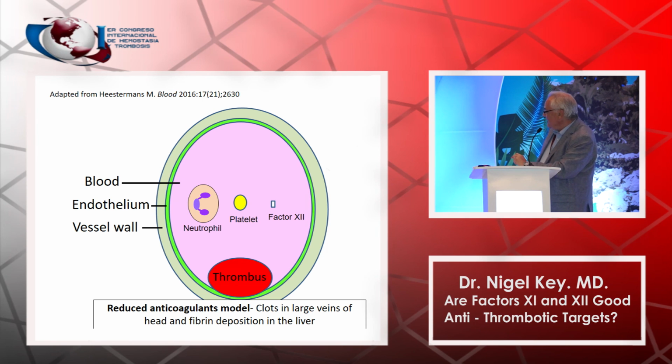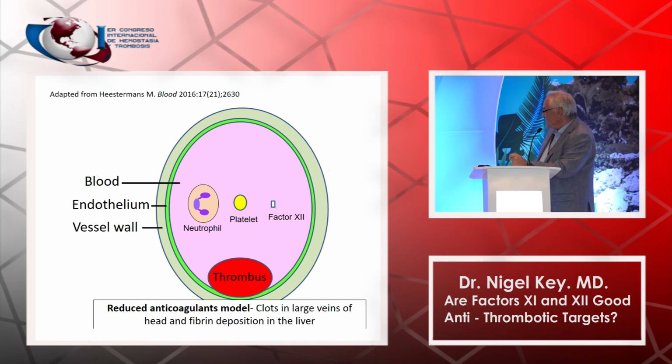Now, this model is one in which the antithrombin and protein C levels are critically reduced in these mice, both of them. And so these mice actually develop spontaneous clots. You don't have to induce any vessel ligation, or injure the vessel with electrolytic injury or ferric chloride. They develop spontaneous venous clots.